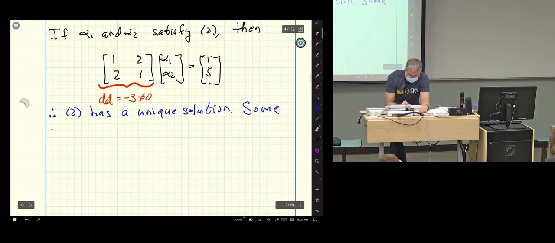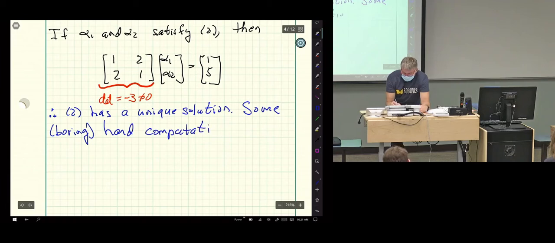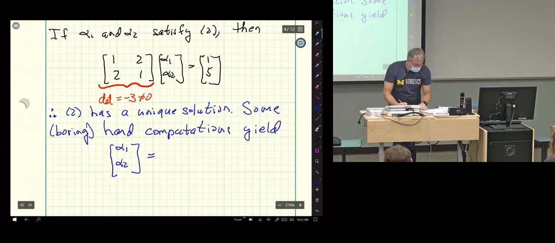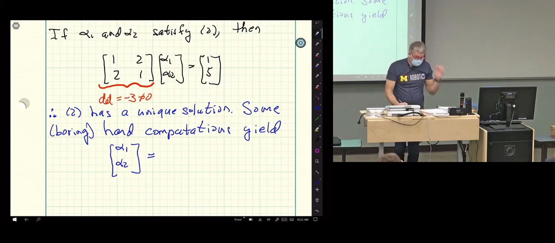Some boring hand computations, so I did them. I'll let you do them. Yield that this is the answer. Alpha 1, alpha 2 equal, and what were they? I forgot.